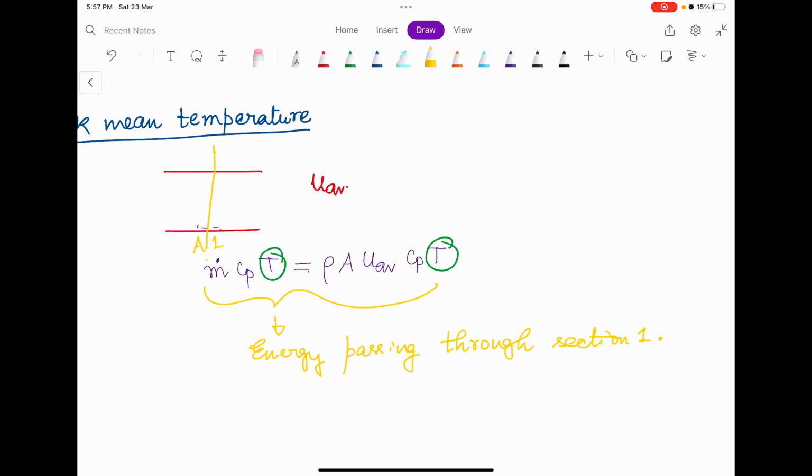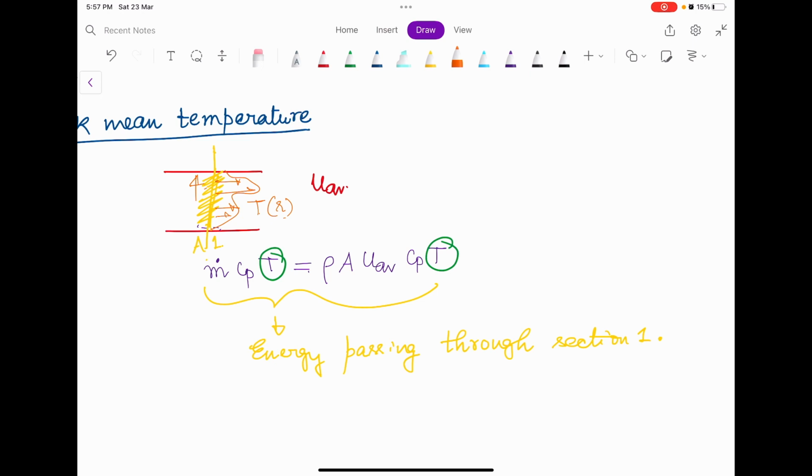So if I write it like this, then what should this T be? If this T is the same all over this section, then I can write it like T. But if I have some variation of T, maybe this is the variation, any kind of variation, so this is T of r, if this is the r direction, then I cannot write this T as any T. I have to define some T, right?